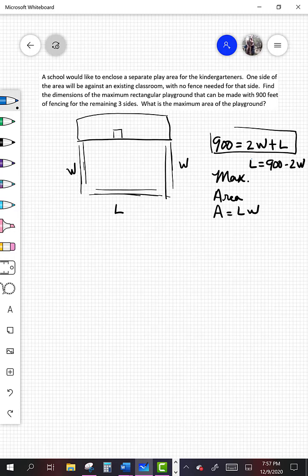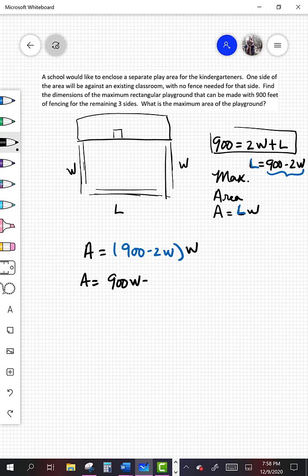So we're going to go in and we're going to replace what length is with this area. So we get the area is equal to our length, 900 minus 2w, all times the width. So let's distribute that w, and we get 900w minus 2w squared.